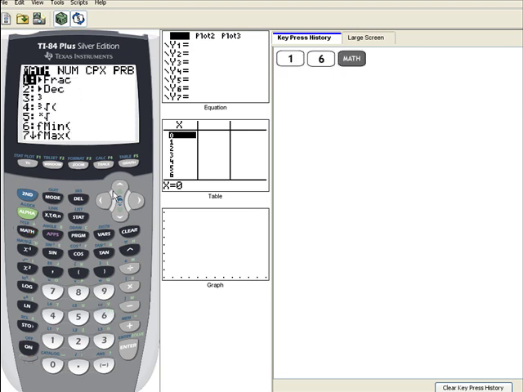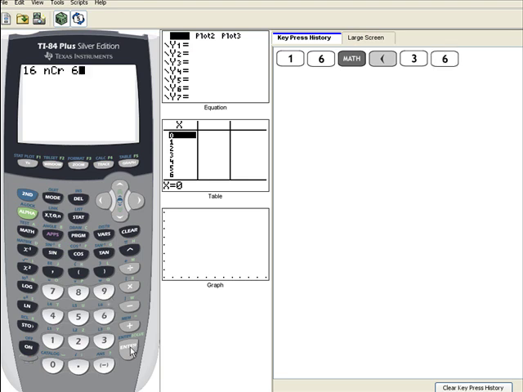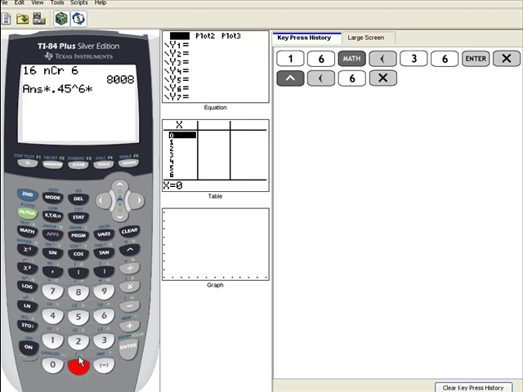And I'm going to get that number, and I want to multiply it times 0.45 raised to the 6th times 0.55 raised to the 10th.